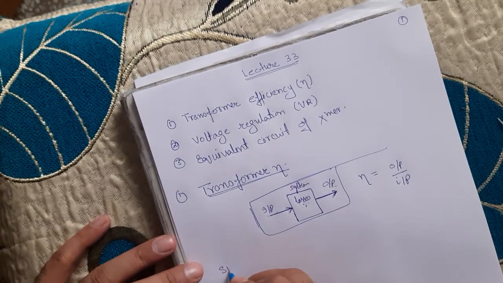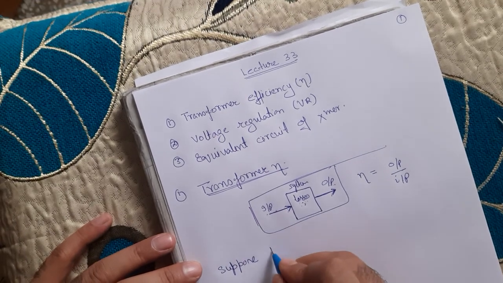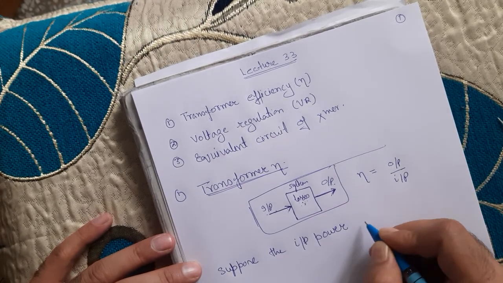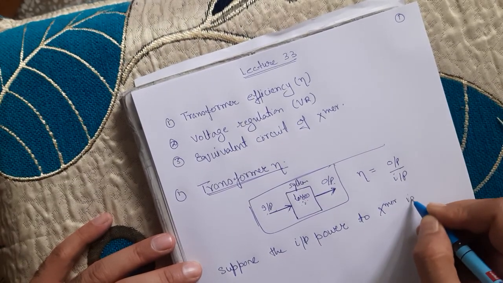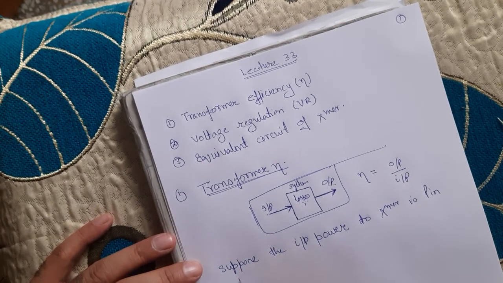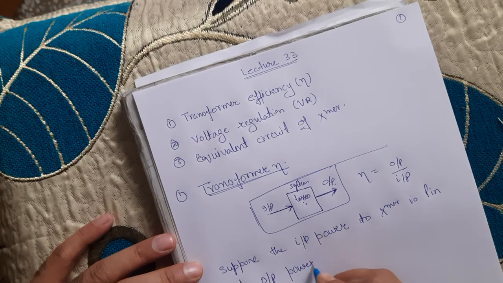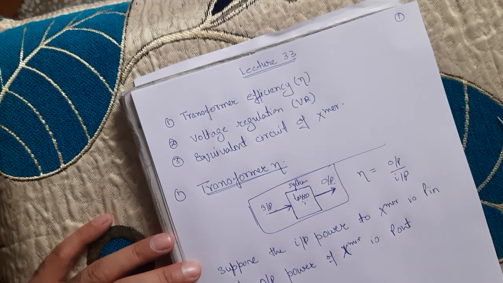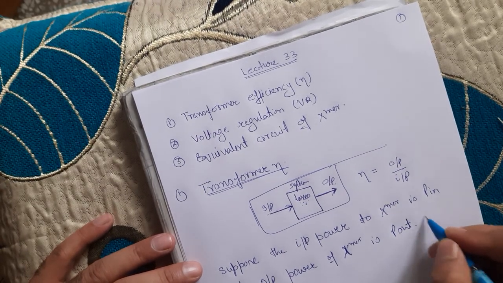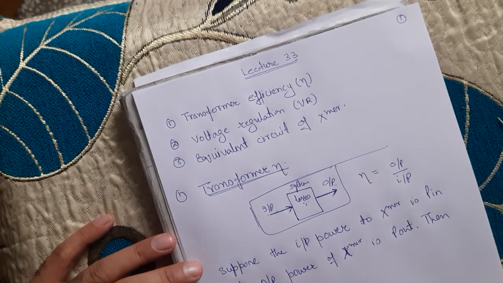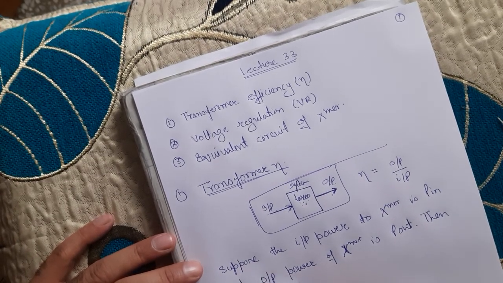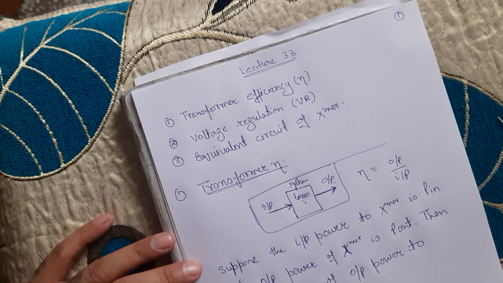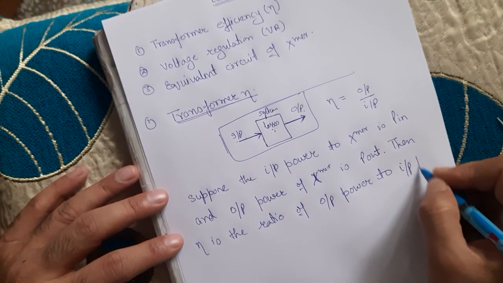Suppose the input power to the transformer is P in, and the output power of the transformer is P out. Then efficiency is the ratio of output power to input power.